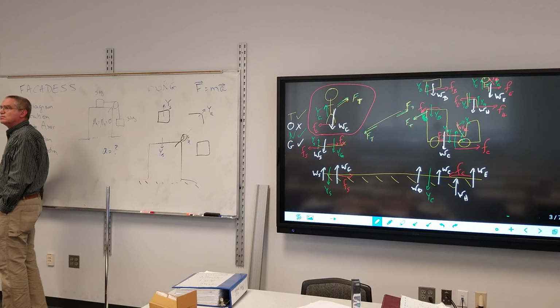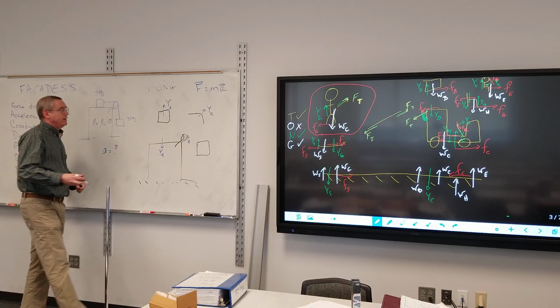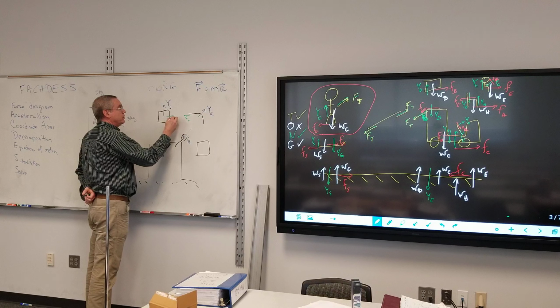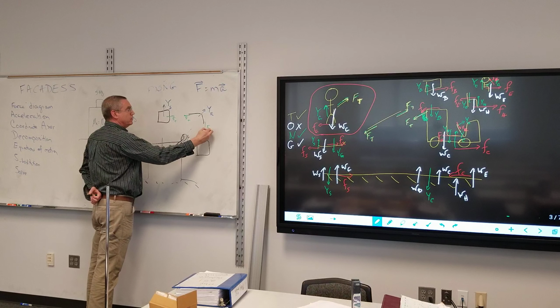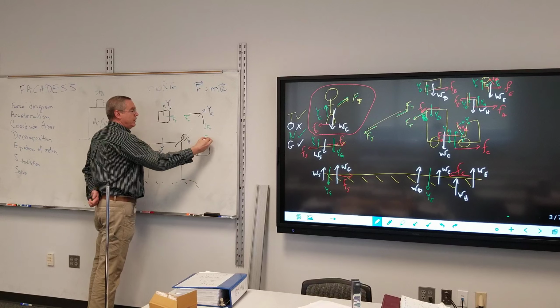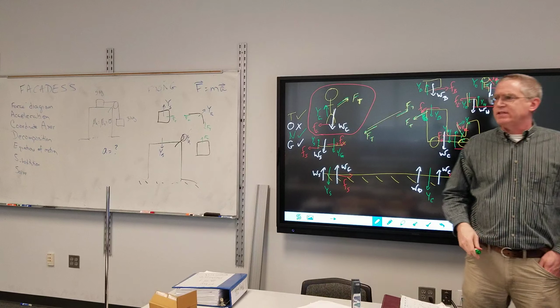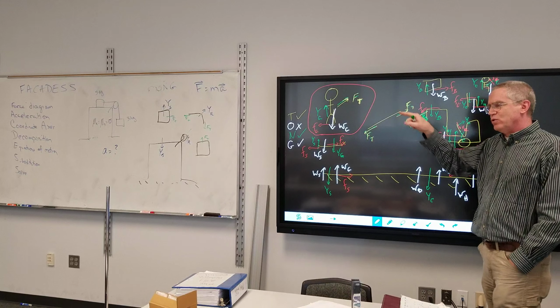Tension. At each end, so I got a tension pulling here, a tension pulling here, a tension pulling here, a tension pulling here. At this point, it is critical that we realize that it is an ideal rope, and the tension is the same magnitude at each end.